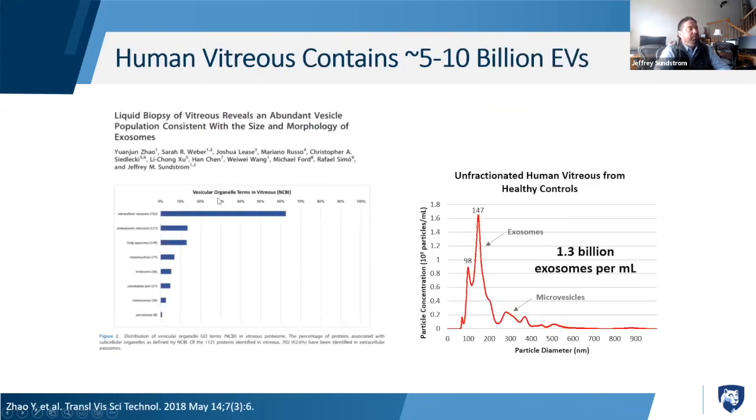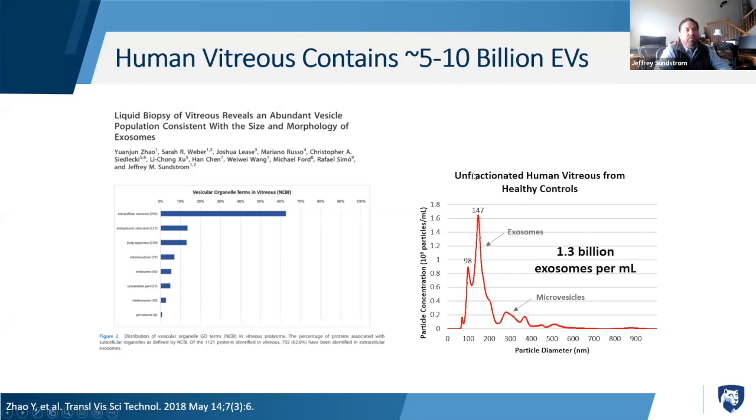Overall, we were able to publish that manuscript showing the proteins in the vitreous are enriched for those associated with EVs. When we do NanoSight on unfractionated human vitreous from healthy controls, we show there are about 1.3 billion exosomes per ml.